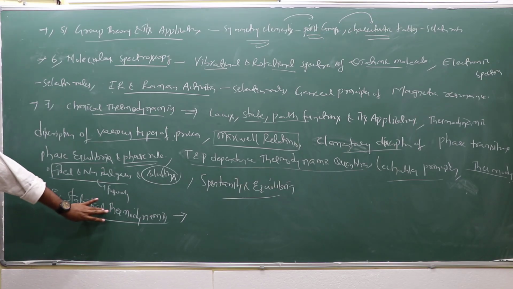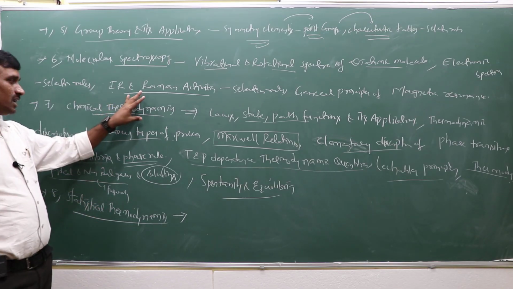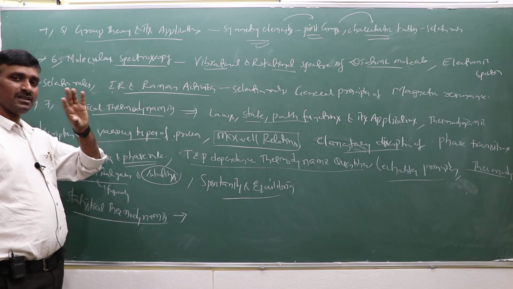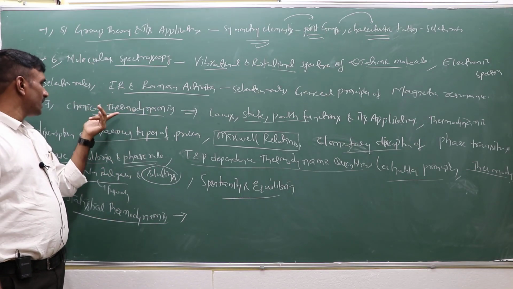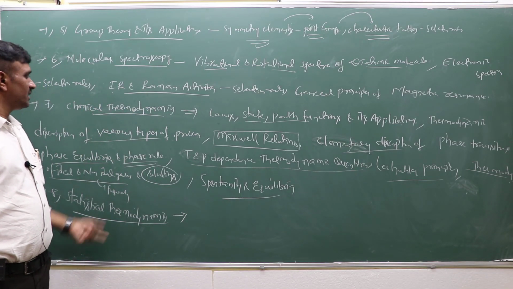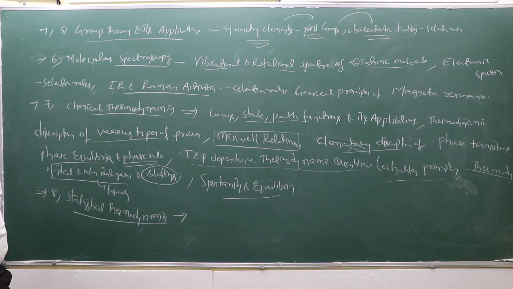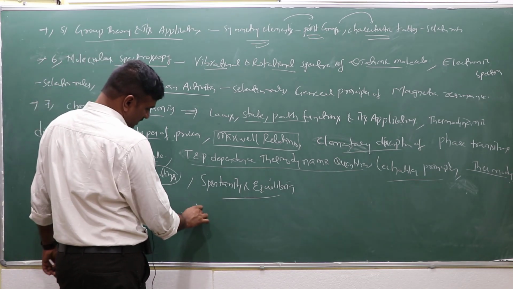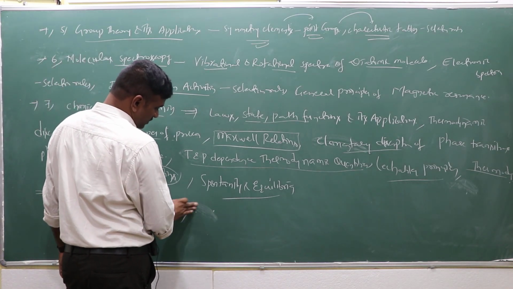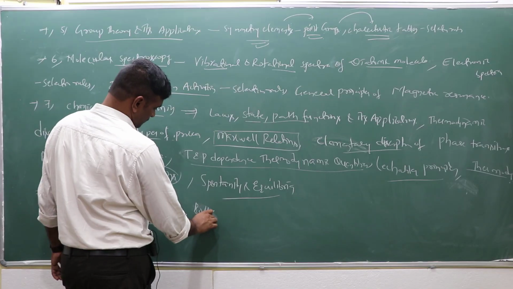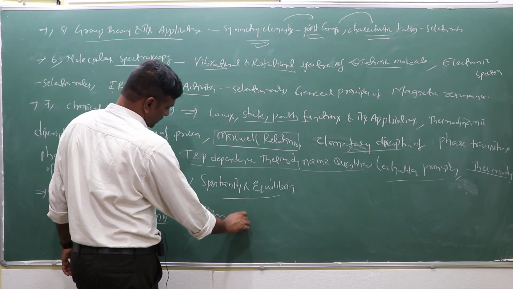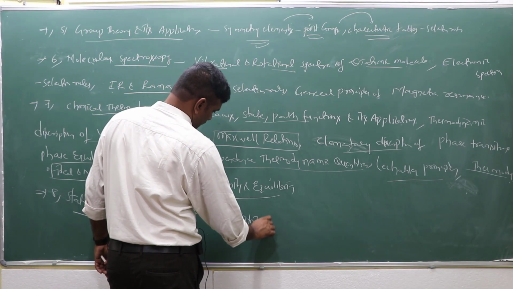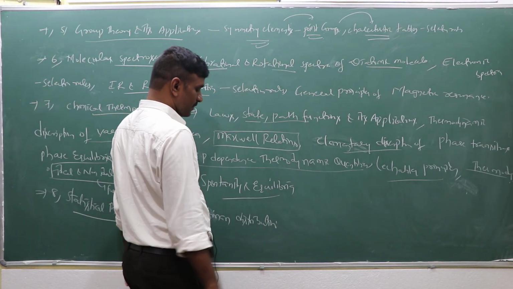That means it is a relation between classical methods, quantum, and chemical thermodynamics. So in statistical thermodynamics, what is mentioned in the syllabus is the Boltzmann distribution, and there is a question from this area.